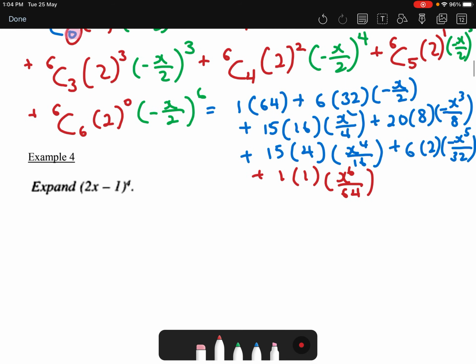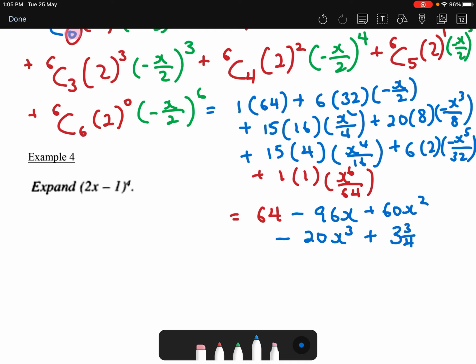So I just continue to manipulate, equal to 64 minus 96x plus 60x squared minus 20x cubed plus 3 3/4 x to the power of 4 minus 3 over 8 x to the power of 5.